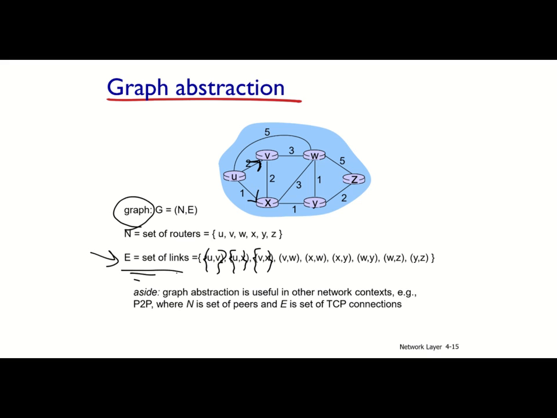Why? Because every edge is represented by an ordered pair, which means the order of elements matters. But in this book, we don't really care a lot about the graph abstraction because this is not a discrete math book. This is a network book.